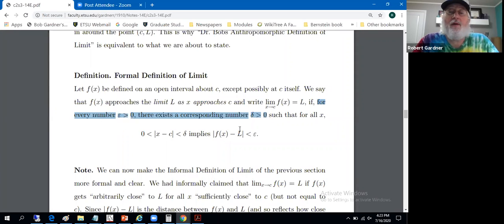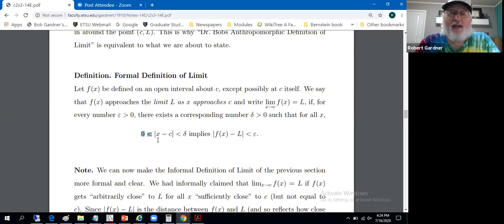Arbitrary epsilon, and we'll choose a delta that works for the given epsilon, such that for all x satisfying the condition, the distance between x and c is greater than 0 and less than delta, or the absolute value of x minus c is greater than 0 and less than delta, implies the absolute value of f of x minus L is less than epsilon. In other words, f of x is within epsilon of L when x is within a distance delta of c. Oops, but not equal to c.